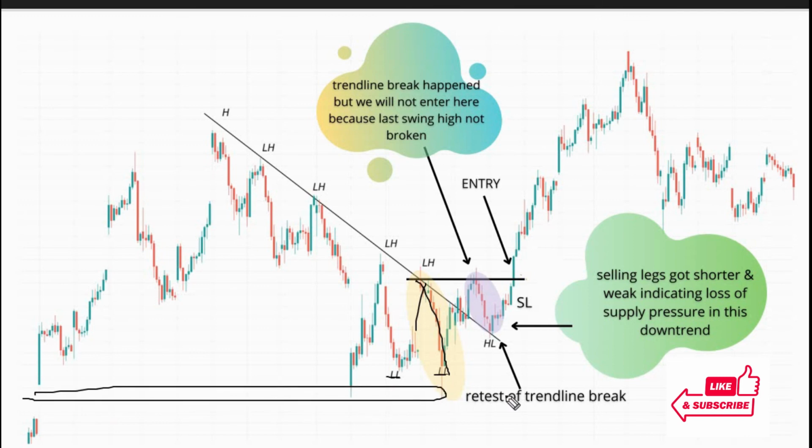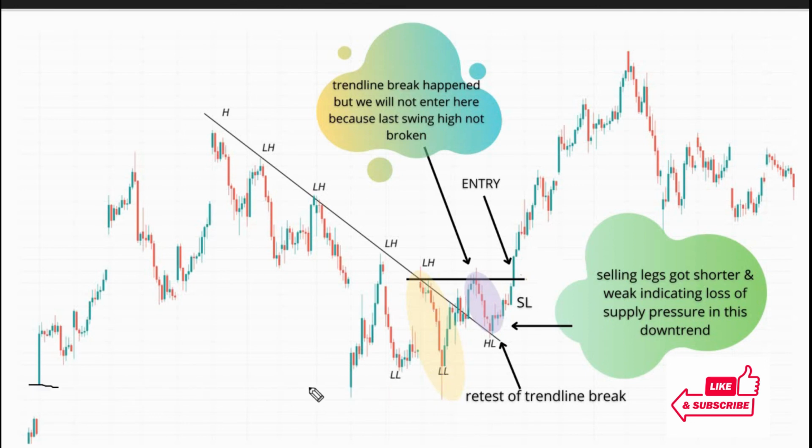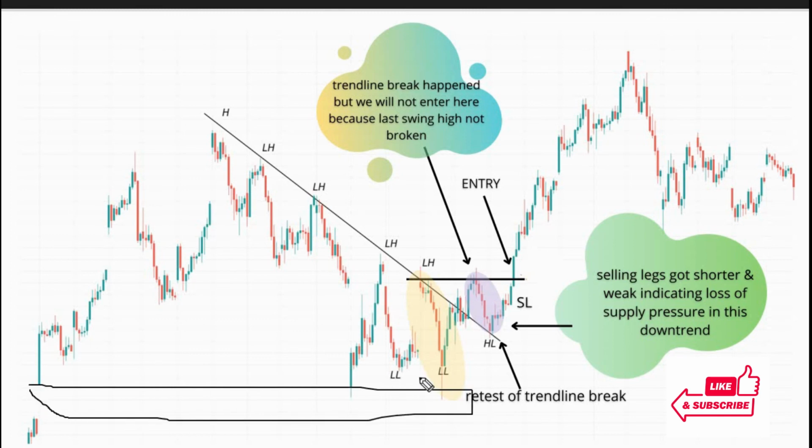So buyers are continuously defending this price zone, which is an indication that demand is very strong compared to the supply at this price area. Then again prices for the first time in this downtrend broke this trend line, which was tested once, twice, thrice.